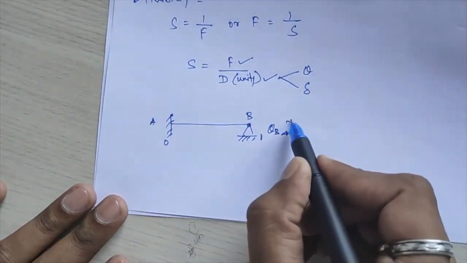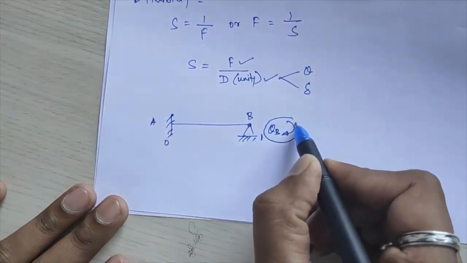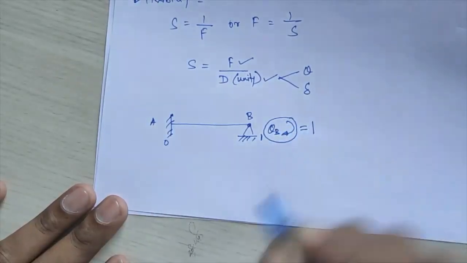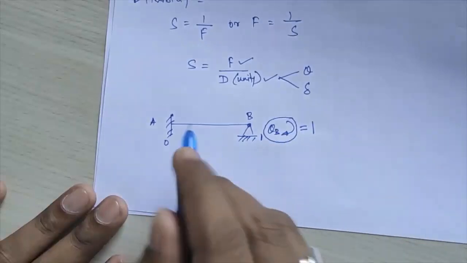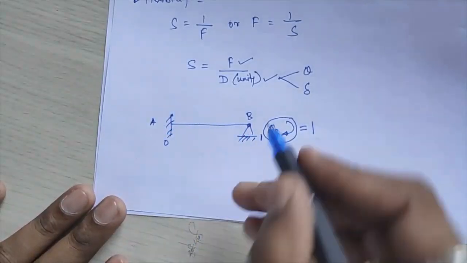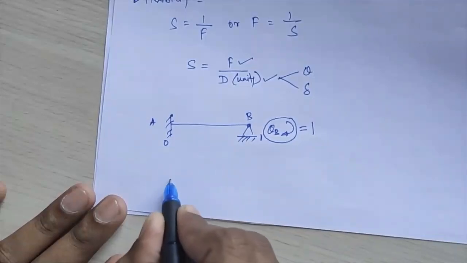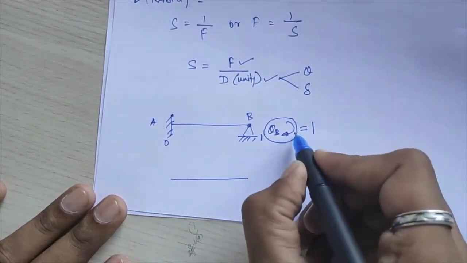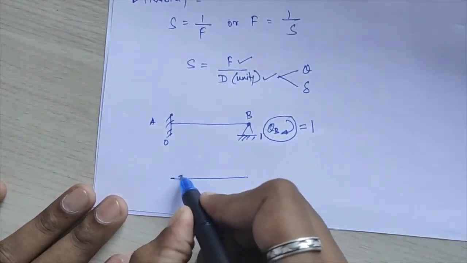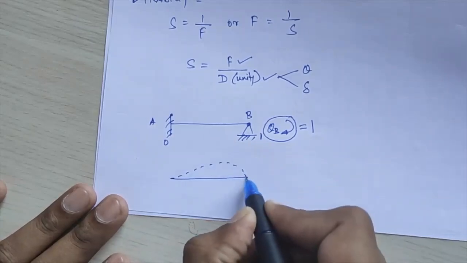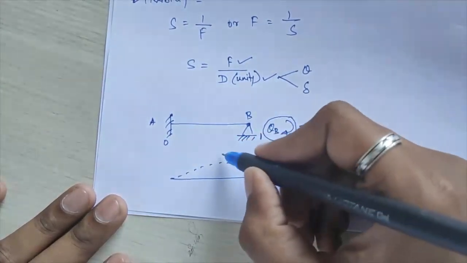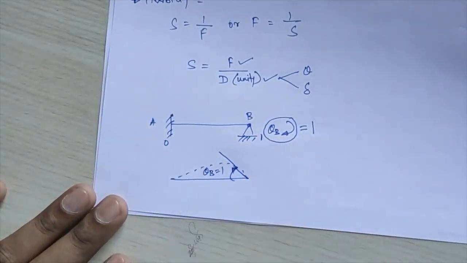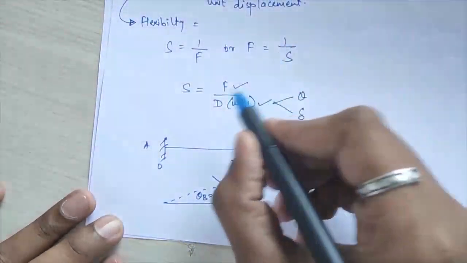That means here this displacement, theta B, shall be equal to 1, which will produce a force on this member AB to deflect it. So I draw the diagram for this. Here I have to apply my theta B equal to 1. If you see the deflection pattern, it will be in this way, which will produce theta, nothing but the slope, with the slope value theta B equal to 1 that we assume here.